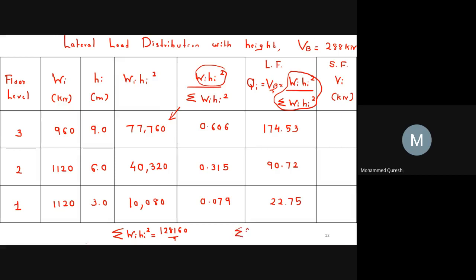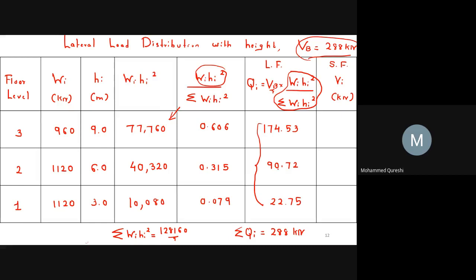So after that we will add the design lateral force for all the floors. So you will get this value as 288 kilonewton, which will be equal to VB, 288 kilonewton.